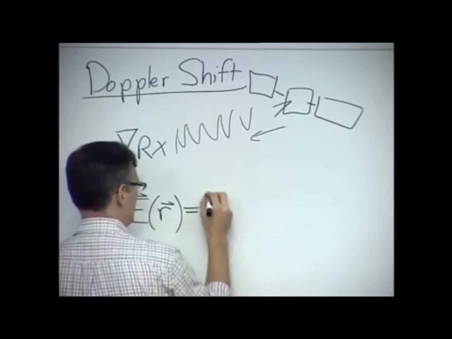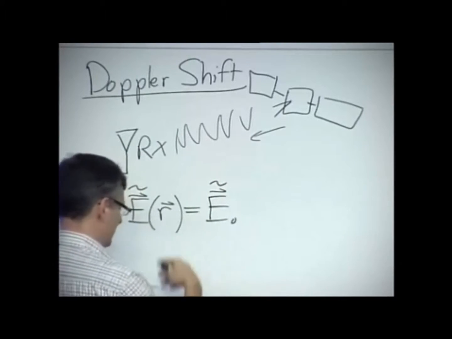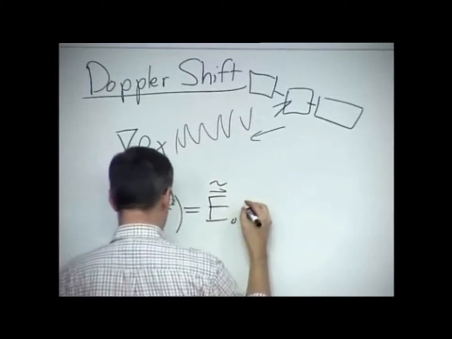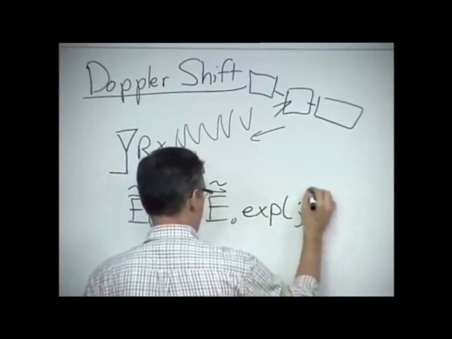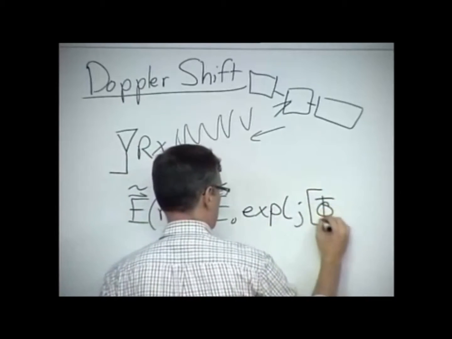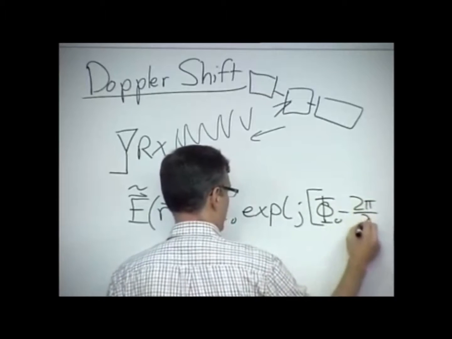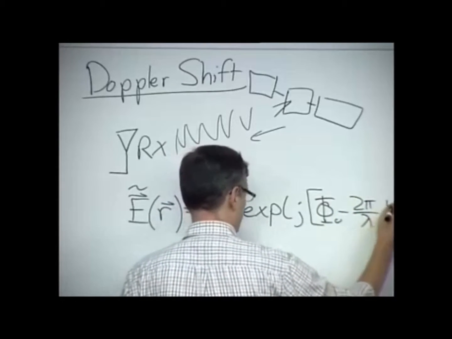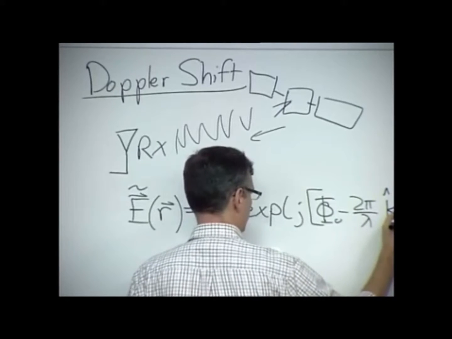It's going to be E vector phasor, an amplitude, a phase, and a polarization. I just lump it together in an E naught vector. It's complex. e^(jθ0), some sort of starting phase, and then my wave number k, which is 2π over λ, and then a unit vector that points in the direction of propagation.